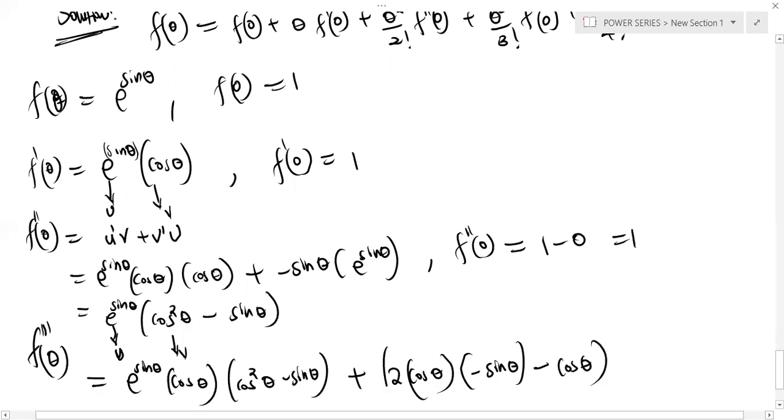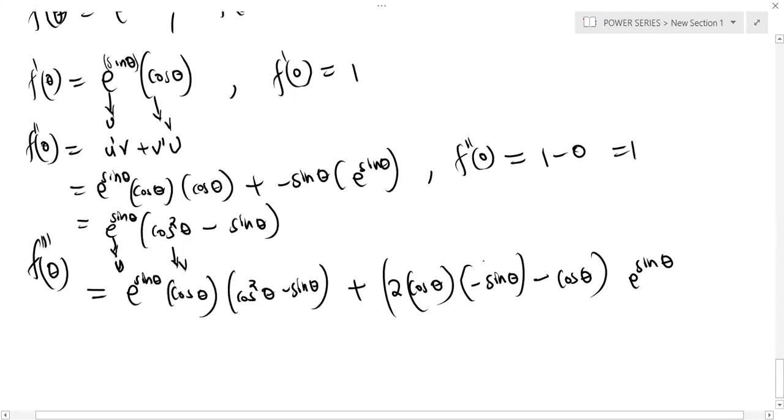So the whole of this is our v prime multiplied with u, which is exponential sine theta. So what is our f third prime of 0 now that we already have our f third prime of theta? So replacing the values of theta with 0, replace 0 here, here, here, here. This will be 0, 1 minus 0, 1. So the whole of this will give us a 1.